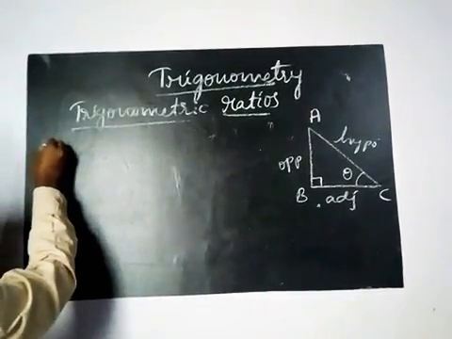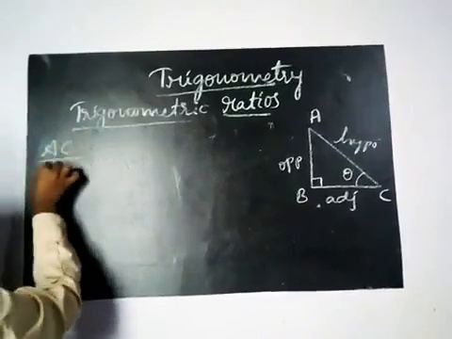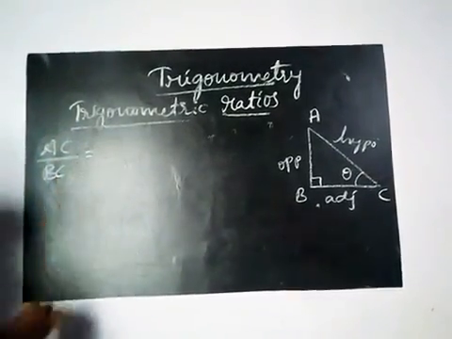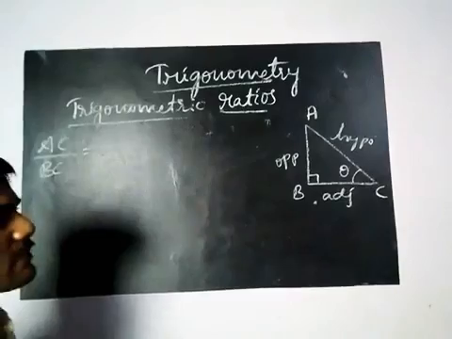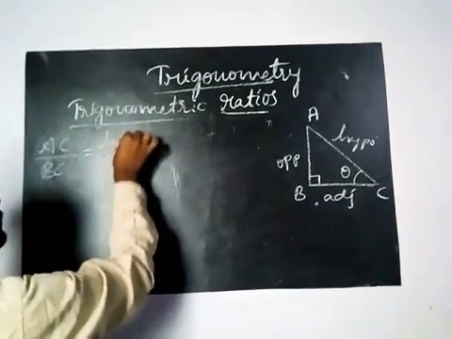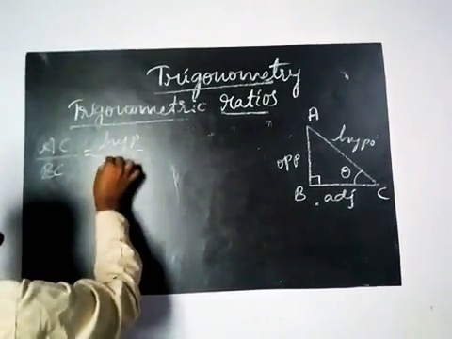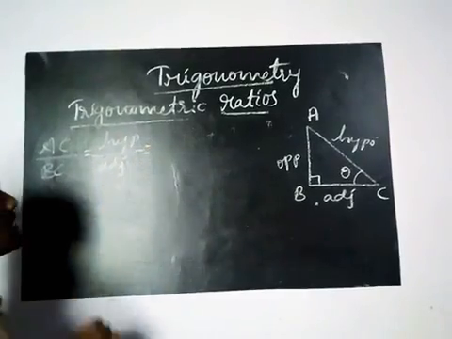The next ratio we have taken is AC by BC. AC is the hypotenuse and BC is the adjacent. Hypotenuse by adjacent.